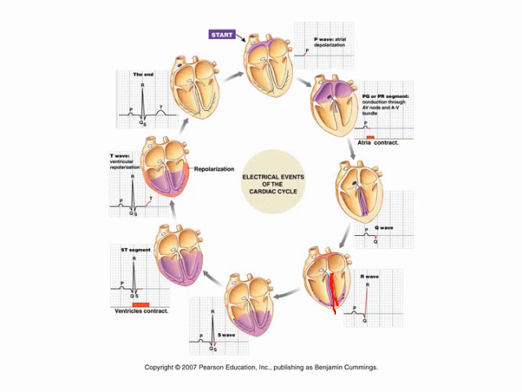Then as the depolarization moves down the right and left bundles and starts moving into the Purkinje cells, we see the initiation of the QRS complex. As that depolarization spreads throughout the ventricles, we see the remainder of the QRS complex showing up.